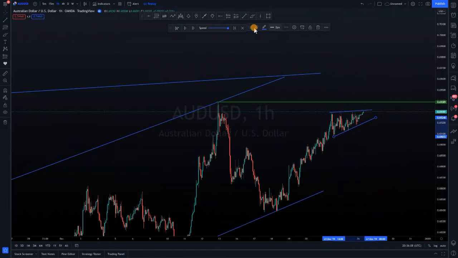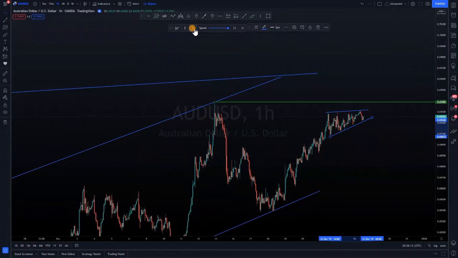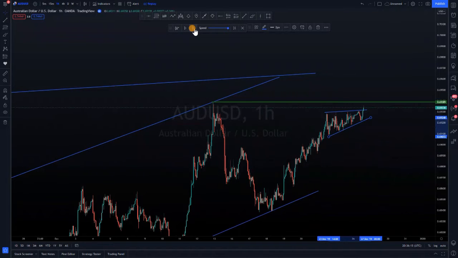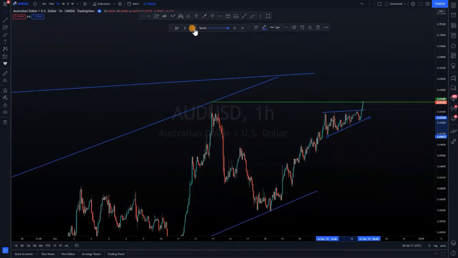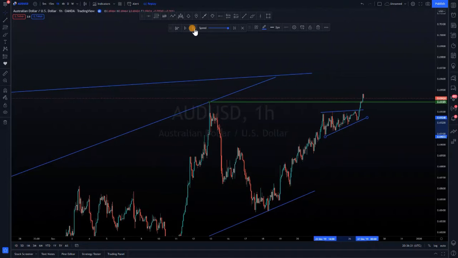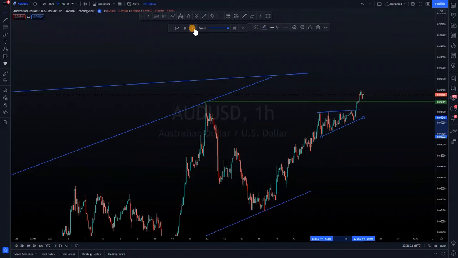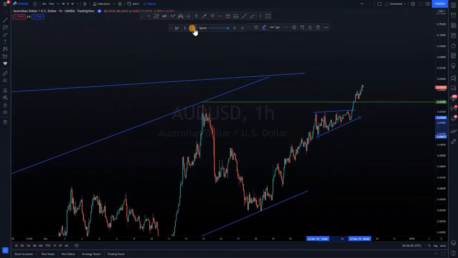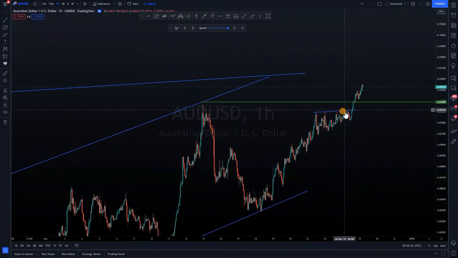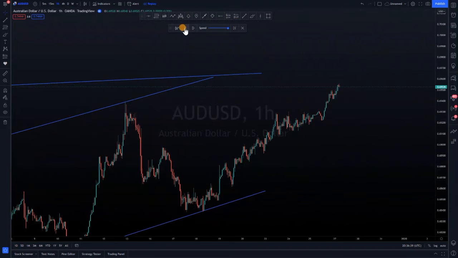Let's see. Oops, and then it breaks apart. Yeah, okay, it broke apart. So it is no longer relevant, this resistance as well.